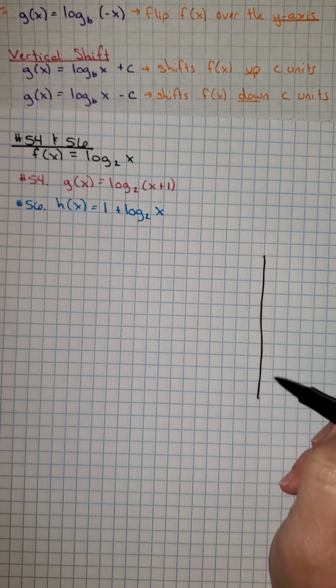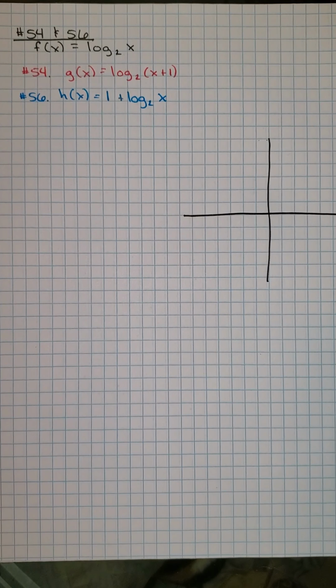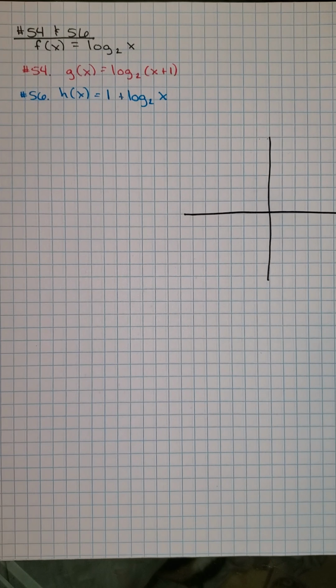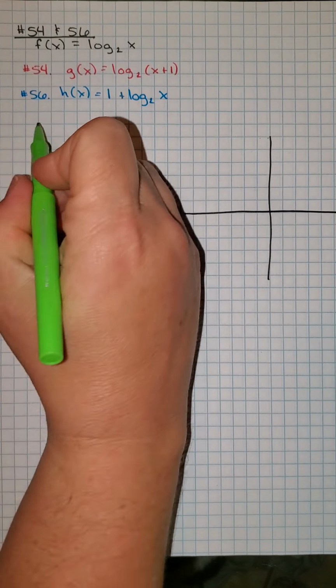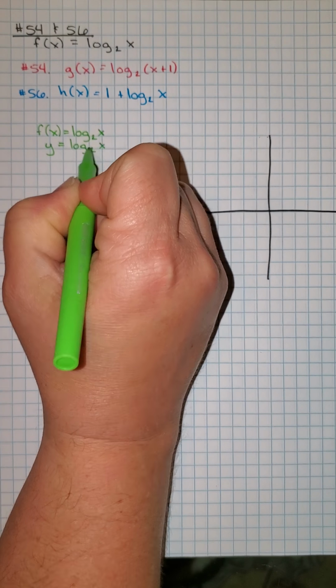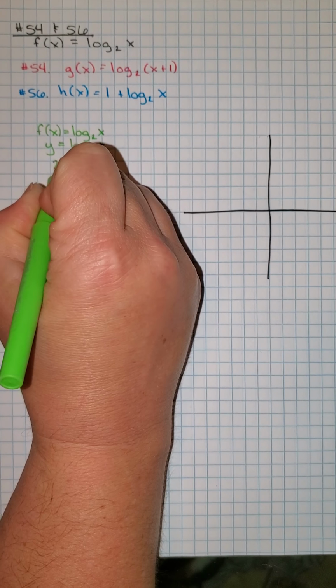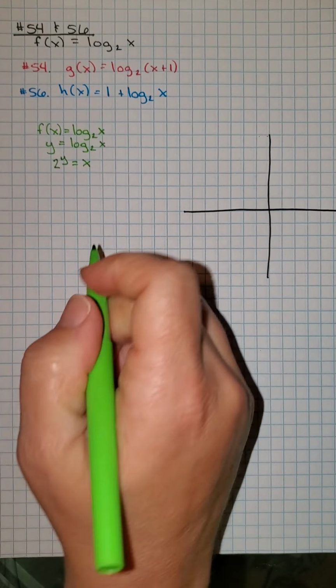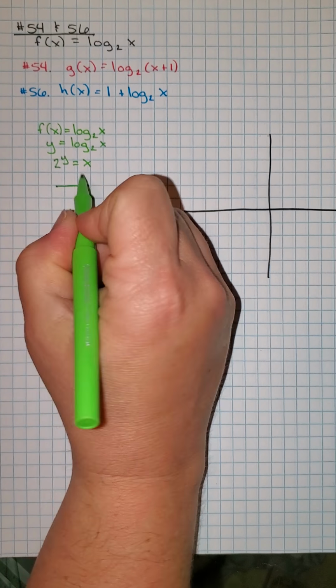Alright, so first of all, our parent, which is f of x equals log base 2 of x. So we haven't done this one yet. So I'm going to change it to y equals log base 2 of x, and then convert it. So 2 to the y equals x, taking it out of log form and putting it into exponential.